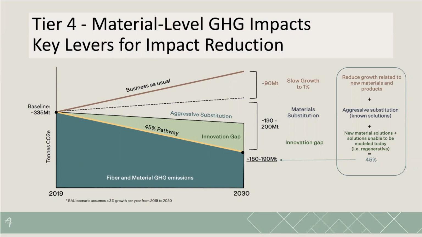The first lever, I'll start in the middle, is really what we consider material substitution. So that's probably the most straightforward of the 3. We usually think about swapping out conventional cotton, conventionally grown cotton, for organic or regenerative cotton, or swapping out virgin polyester for recycled polyester. Those are some really straightforward examples. We know that making those switches brings greenhouse gas emissions reduction.